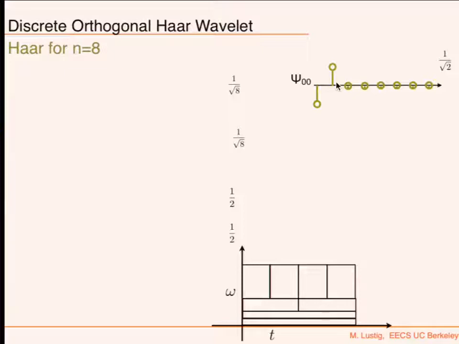The basis function of a DFT8 would be some complex exponential series with some linear phase across 8 numbers. Now, it doesn't look like this anymore. Now, psi 0,0 would basically be this basis function.